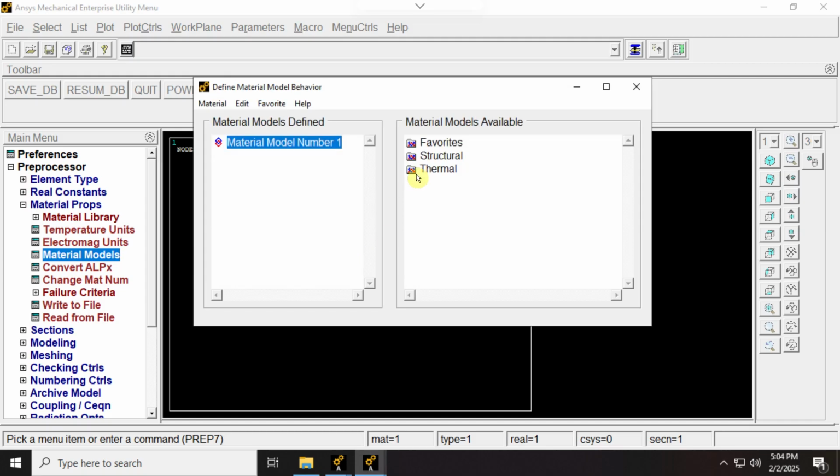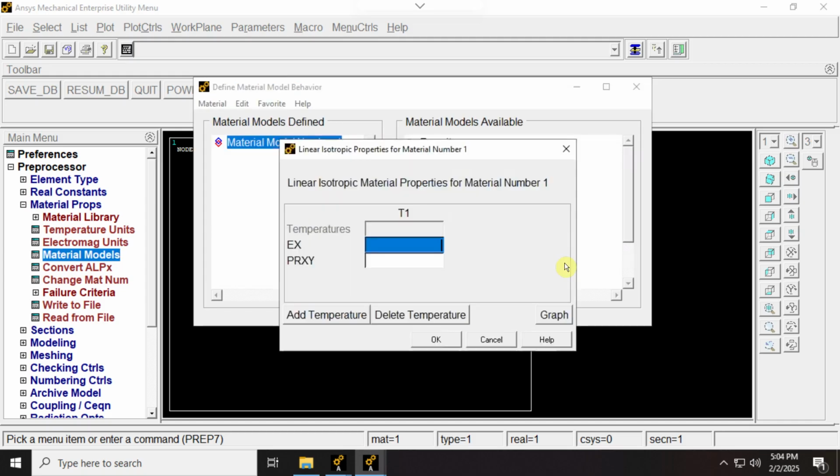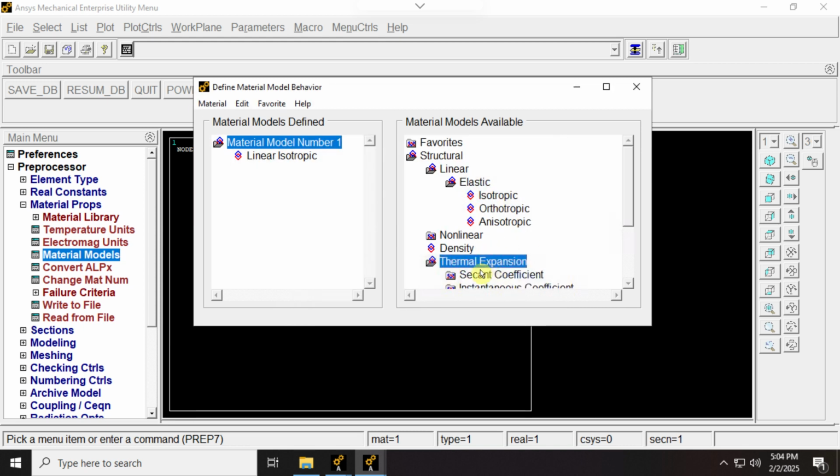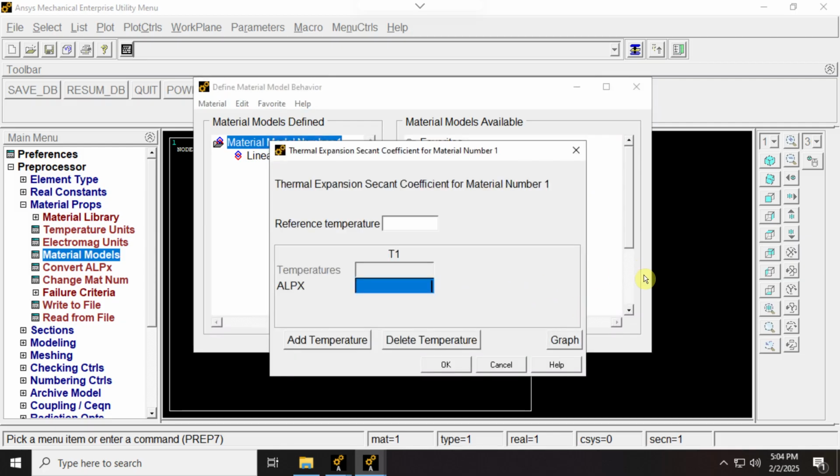For steel, structural, the modulus of elasticity was 29 million, so 29E6. We need to have the thermal expansion coefficient defined too. So let me show that. For the steel it was 6.5E-6, or 6.5 times 10 to the negative 6.